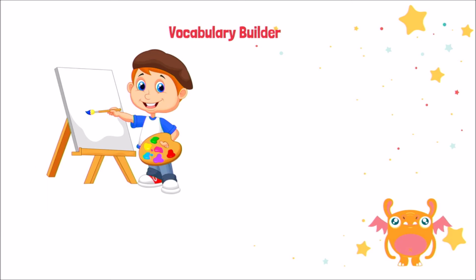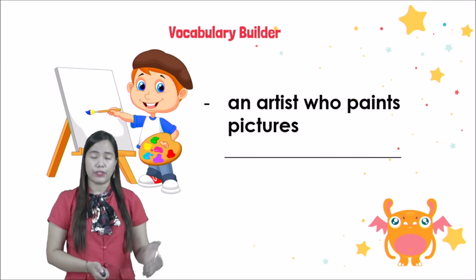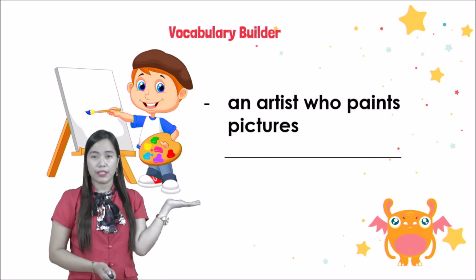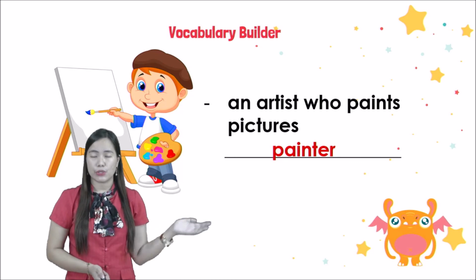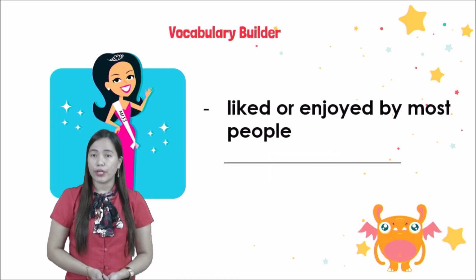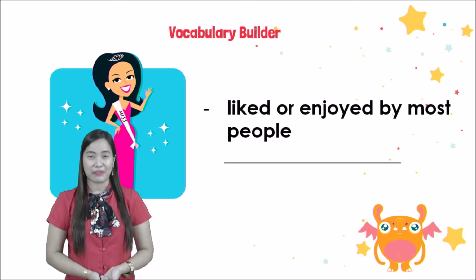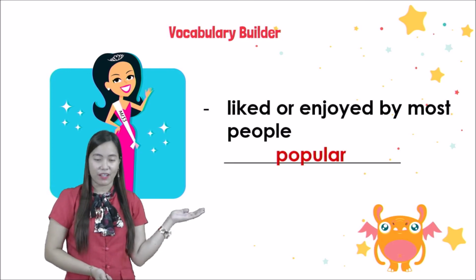Now, let's have the vocabulary builder. Look at the first picture. It is an artist who paints pictures. What do you call that one? Very good. He is a painter. How about the second one? Liked or enjoyed by most people. Oh, look, Miss Universe. What's that? Very good. They are popular.